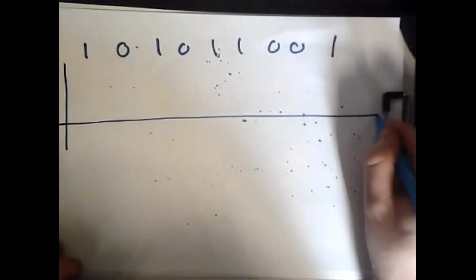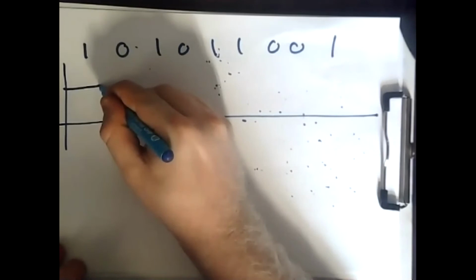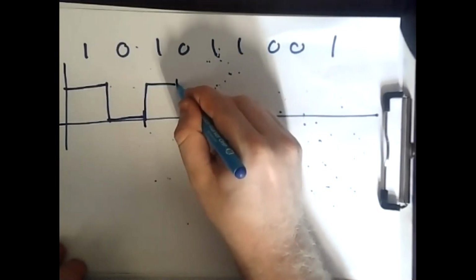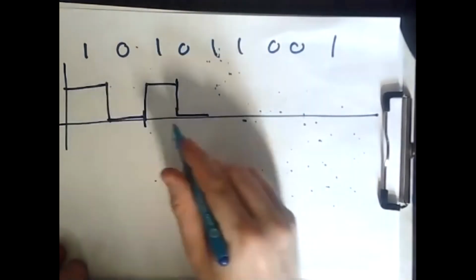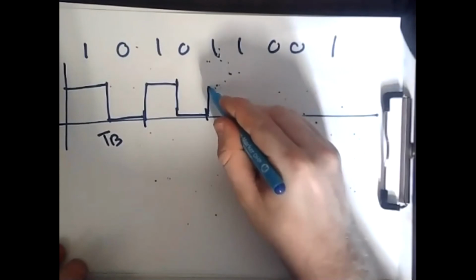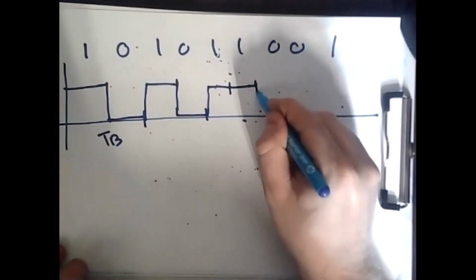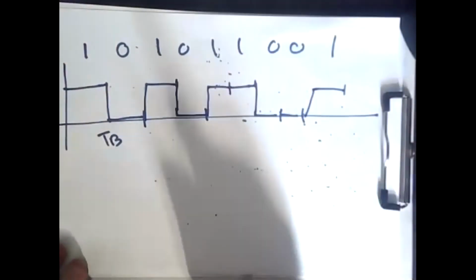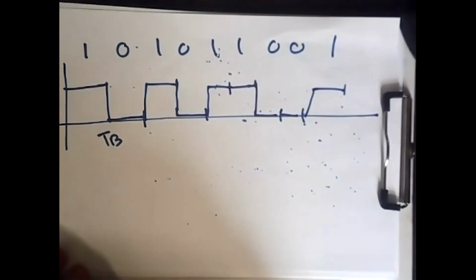So whenever I represent this data, I will make it something like that: 1 0 1 0. Of course, this duration is constant. Then 1 1 0 0 1, and that. So this is basically the simplest way to represent the binary representation.